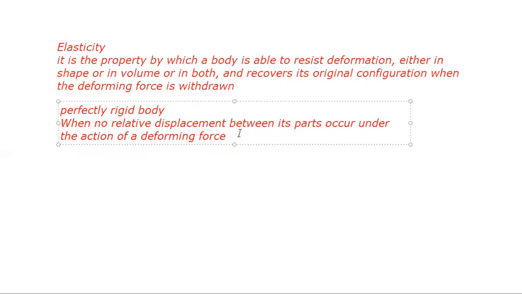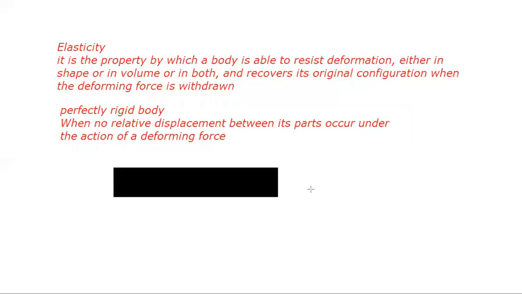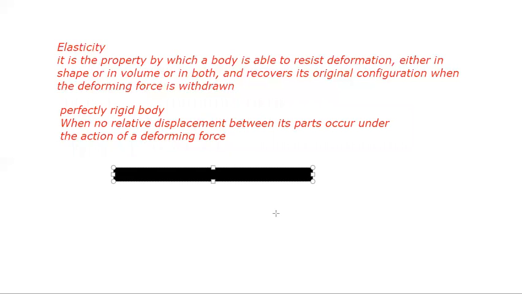Suppose the head, the nail, remains where it was, the tail remains where it was, the center position remained where it was. This means there was no relative displacement within its parts under the action of a deforming force. Right. For example, let me draw. Suppose this is a pen, and you are giving a force, trying to stretch the pen in this direction.